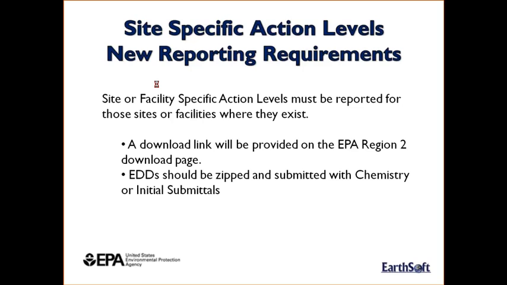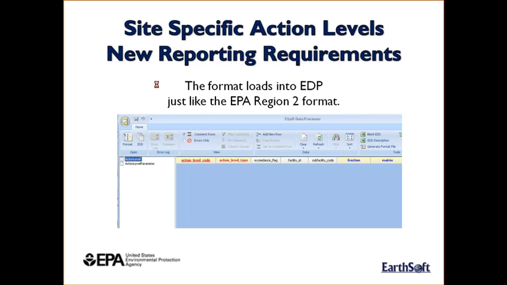We keep it separate from the whole format because we didn't feel that it needed to be added into the whole format. So it is a separate format that you would load into EDP, and you can use that to just report the site-specific action levels. Okay, and I'm going to talk a little bit more about how you get that and attach that to your whole submittal in a minute.